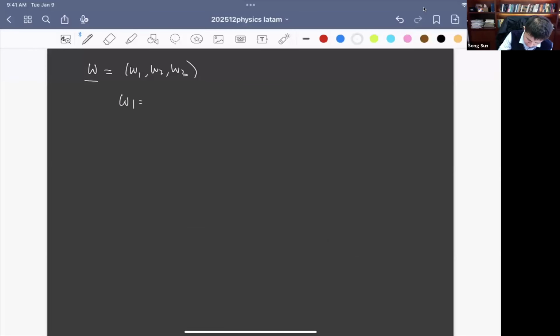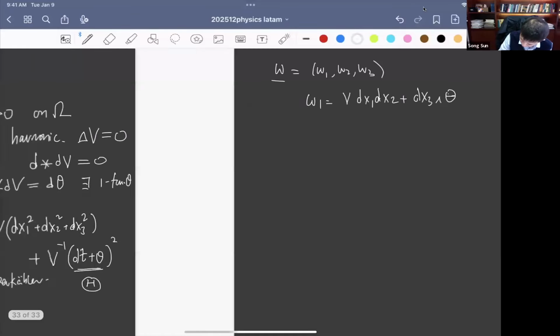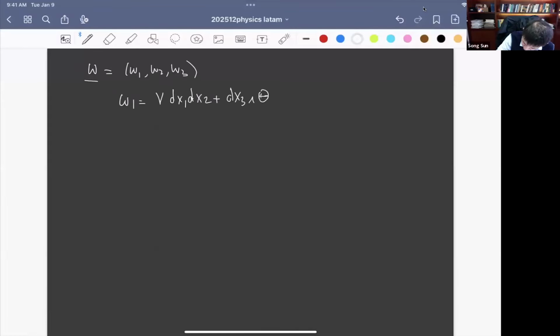So omega 1 equals V dx1 dx2 plus dx3 wedge theta. Omega 2 equals V dx2 dx3 plus dx1 wedge theta. Omega 3 equals V dx3 wedge dx1 plus dx2 wedge theta.